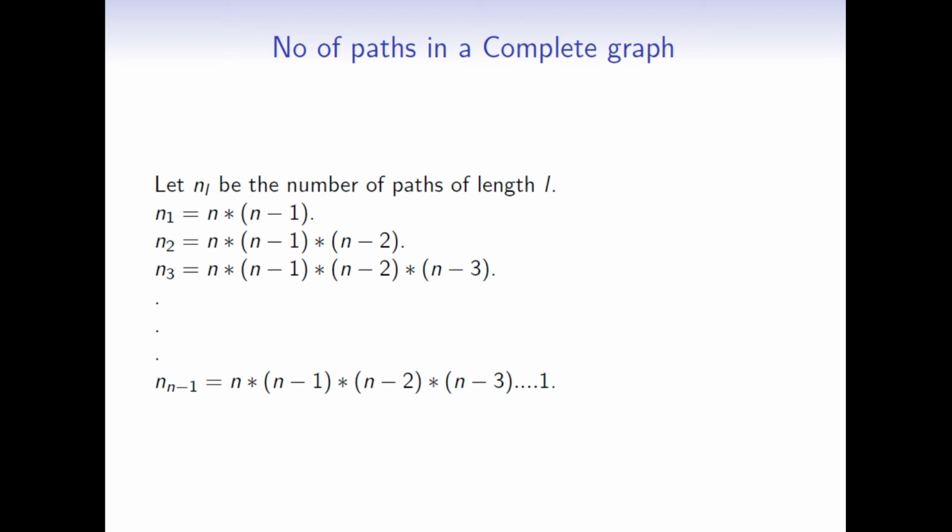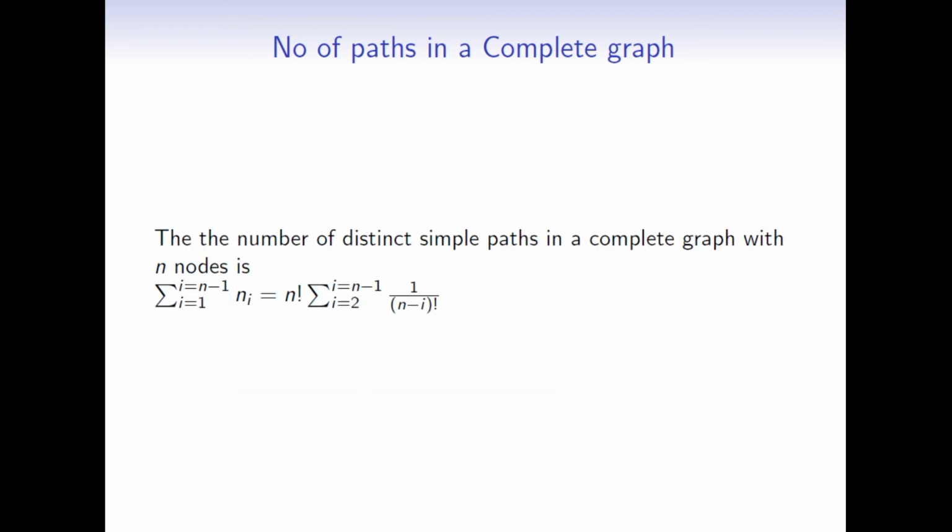If I want to get n into n minus 1, which is the first term, that is N of 1, factorial n has to be divided by factorial n minus 2. If I divide factorial n by factorial n minus 2, what I get is n into n minus 1. That's precisely the first term. If I plug in i equal to 2, what I get is 1 by factorial n minus 2, and outside the summation is factorial n. When i becomes 3, I divide by factorial n minus 3, and then I get N of 3.